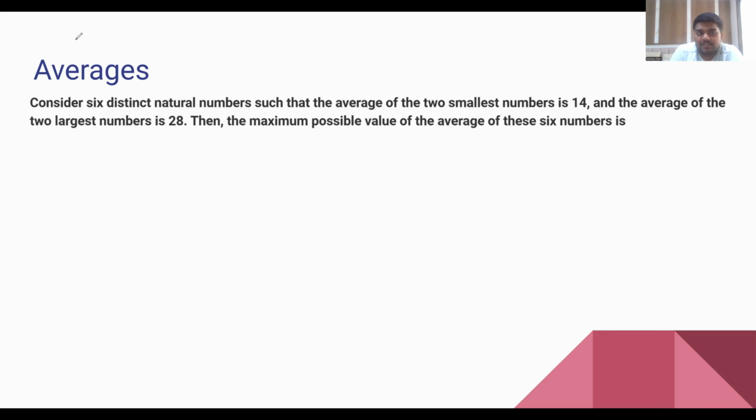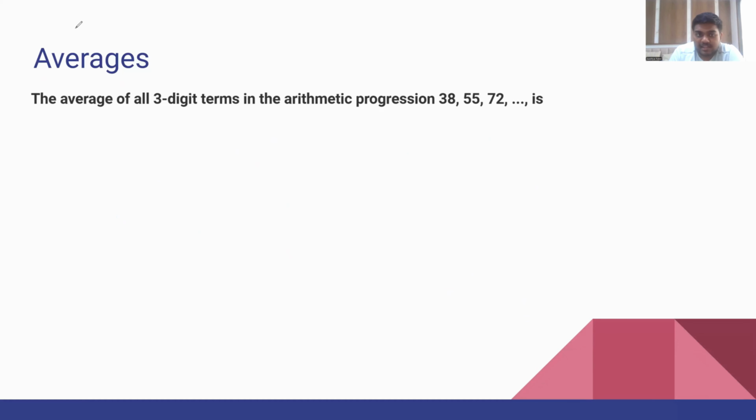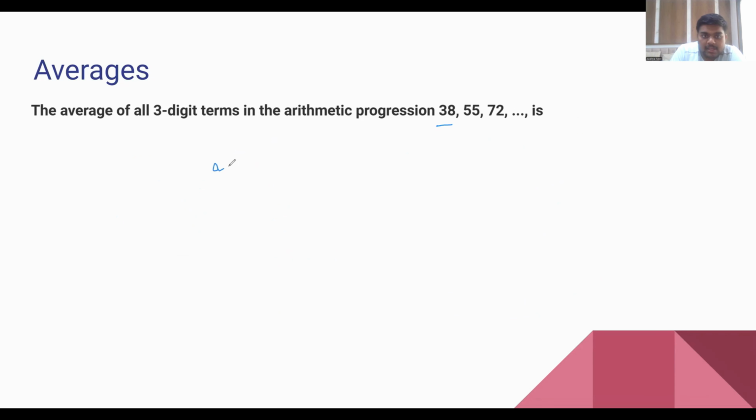Now let us look at one more question on the topic of averages. The average of all three-digit terms in the arithmetic progression 38, 55, 72, and so on. Here A is equal to 38, and D is equal to 55 minus 38, which is 17. Now we have to find the smallest number which is greater than 100.